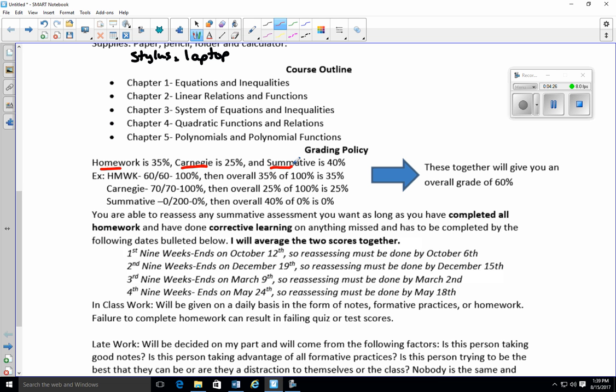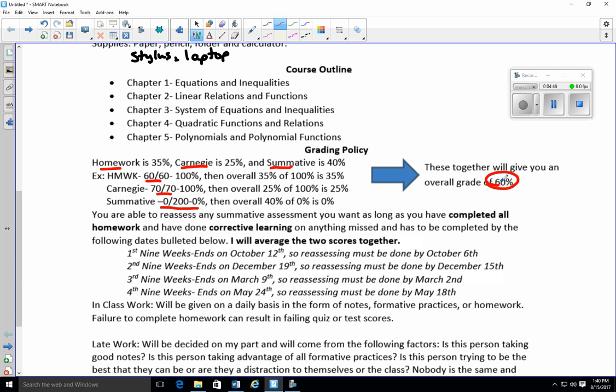This little example outlines that you can get 100% on homework and 100% on Carnegie, and get nothing on your tests, and you would still average a 60% passing rate. The only reason I gave that example is to encourage the students.